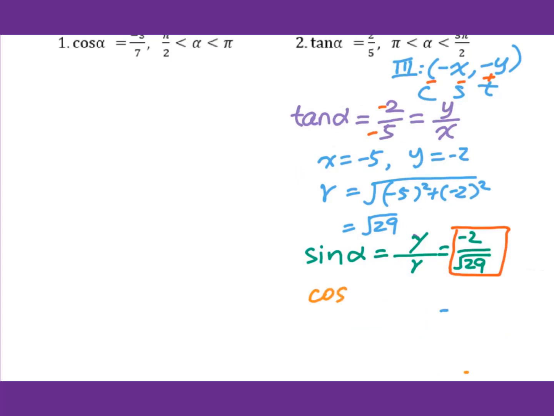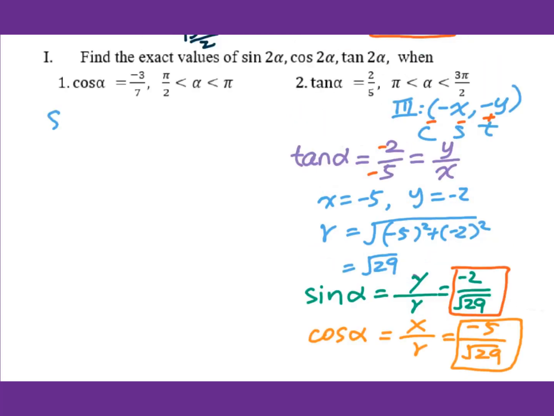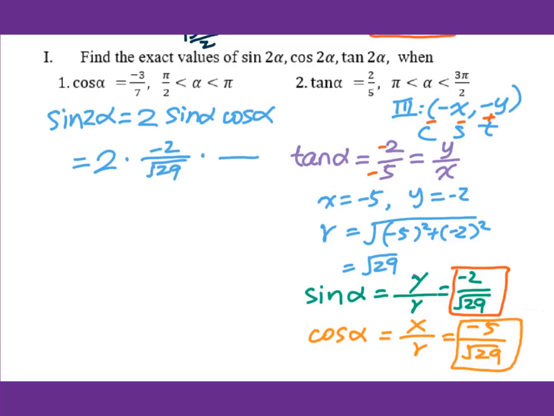For cosine alpha equals x over r, you get negative 5 over square root of 29. Leave it as it is. Therefore, for sine 2 alpha, you get 2 sine alpha cosine alpha. Plug in: 2 times negative 2 over square root of 29 times negative 5 over square root of 29.